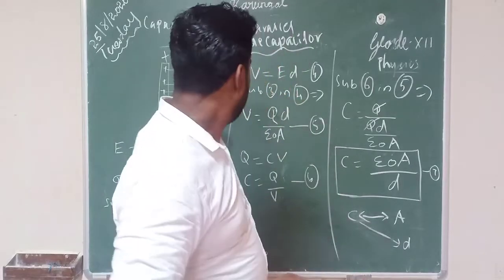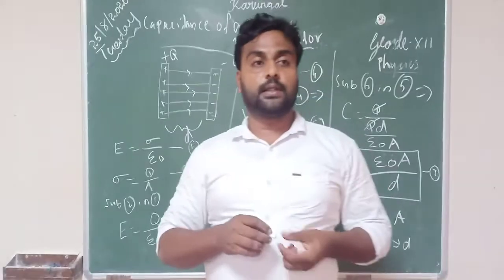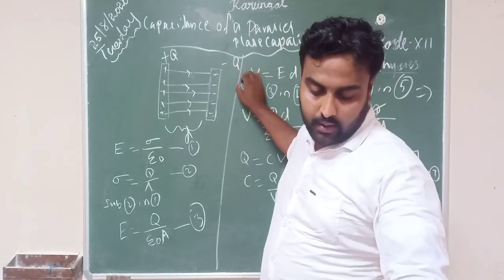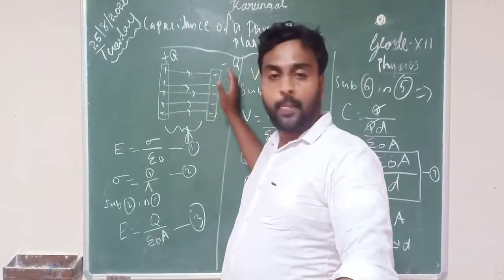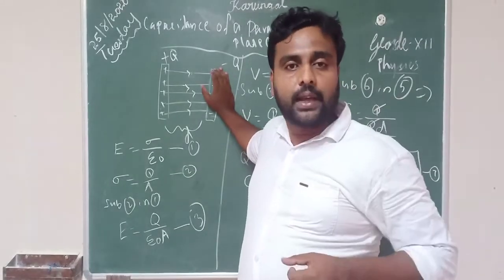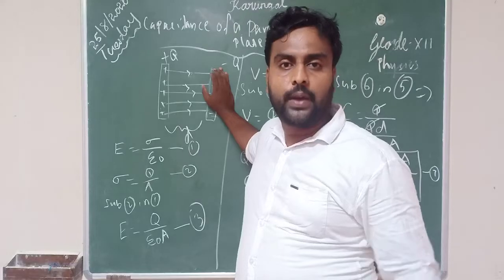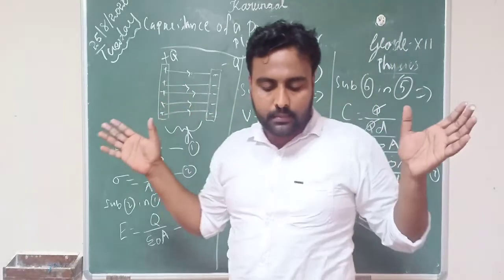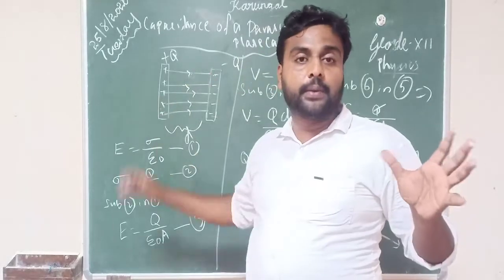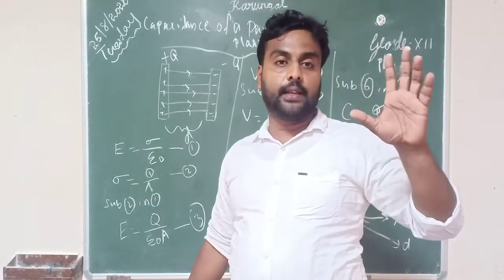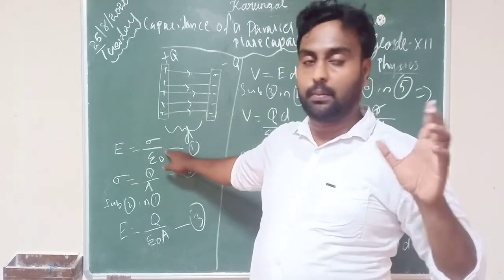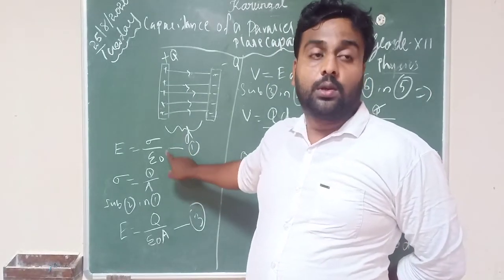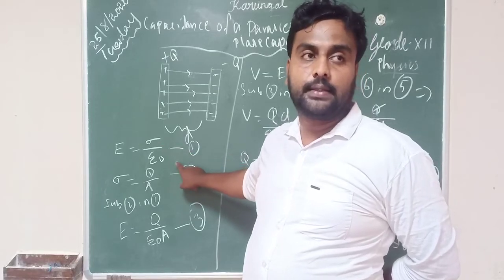So again, one more time, how to find the capacitance of a capacitor? Just take page number 54. You can see this diagram of two parallel plates kept at a distance D. Now the electric field between these two parallel plates is uniform and is given by E is equal to sigma by epsilon 0, where sigma is the surface charge density.